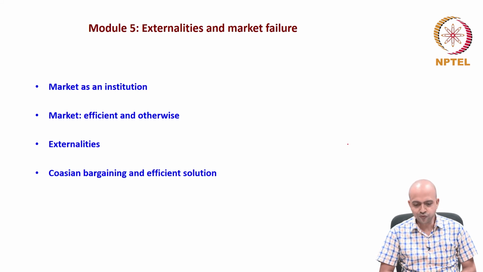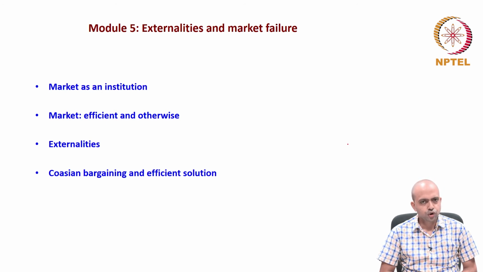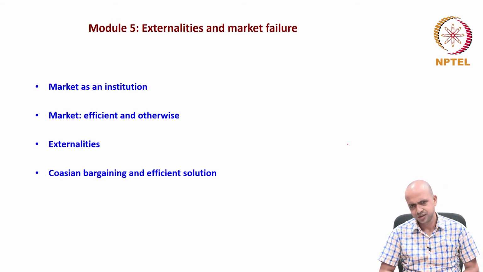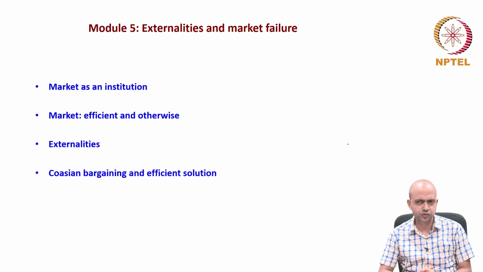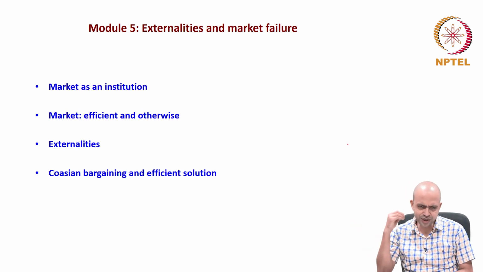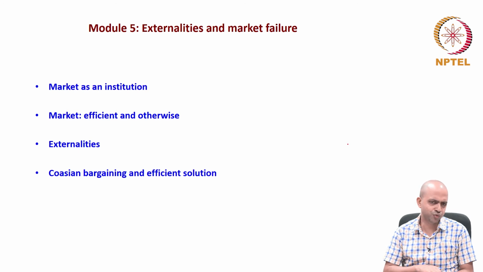And in module 5, we will start with externalities and market failure. So, what we are going to discuss here, we have already established that in microeconomics, we believe that market is so powerful that it can allocate the resources efficiently. You leave everything to the market and the market will take care of it.